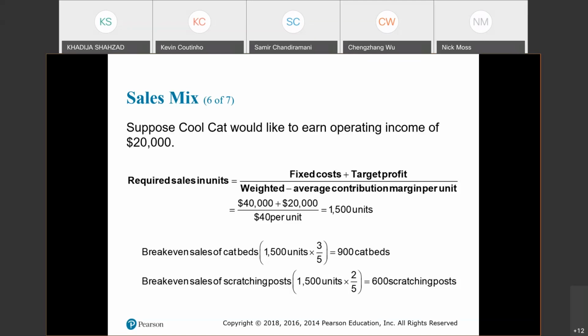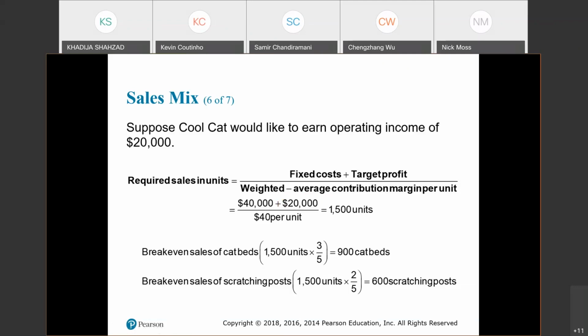So the company would need to sell 1,500 units using the same calculation. The only difference is right here: we replace 0 with 20,000. We can get the new result to be 1,500 units.